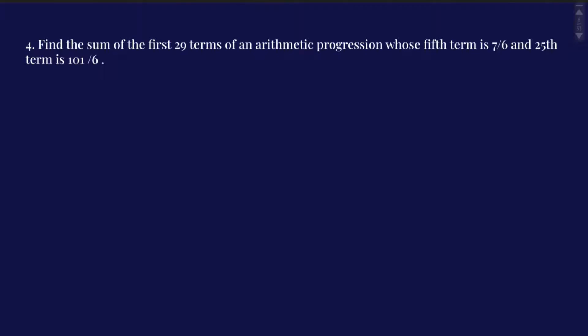So now let's look at this question. Find the sum of first 29 terms of an arithmetic progression whose fifth term is 7 by 6 and 25th term is 101 by 6. Okay, so the sum of 29 terms is going to be nothing but 29 by 2, 2a plus (n minus 1), that is 29 minus 1, 28 into d.